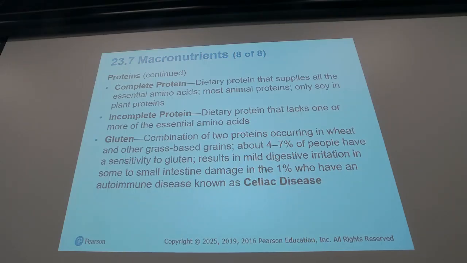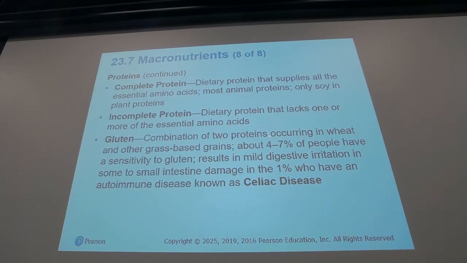Meat, red meat, is a complete protein. But you can ingest rice and beans, and that makes a complete protein because you can combine these essential and non-essential amino acids.